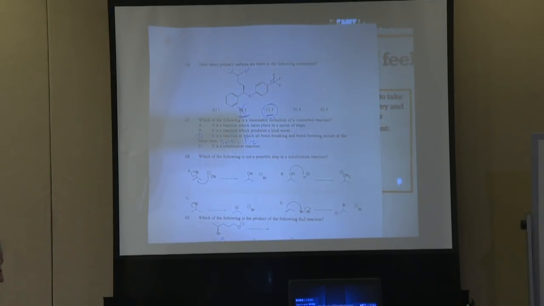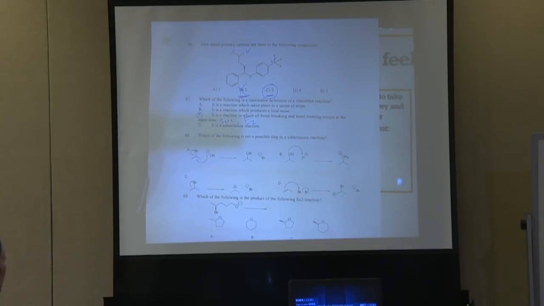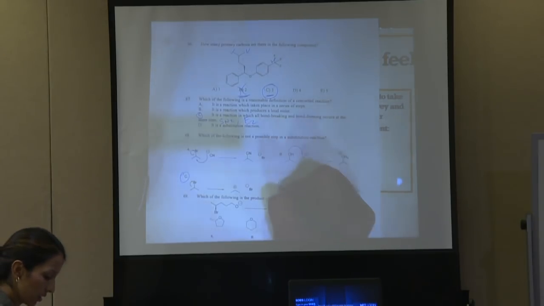All right. So which of the following is not a possible step in a substitution reaction? So this is just kind of mechanisms, right? So I heard C. D or B? D? Okay. Why?